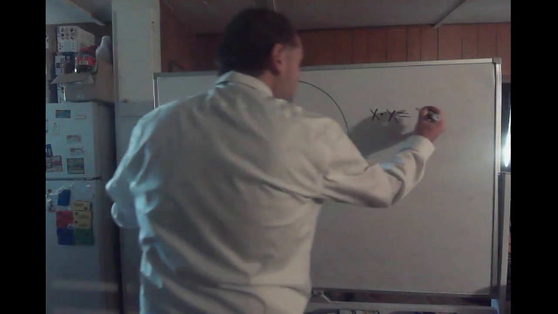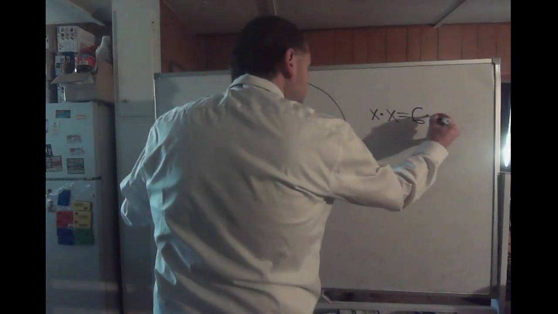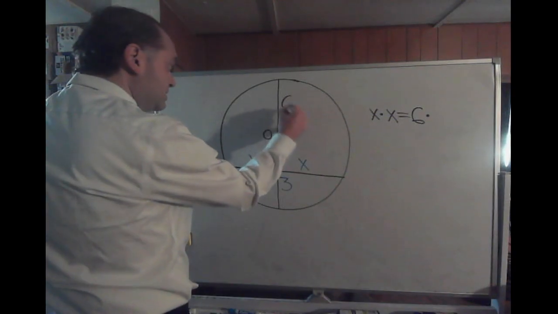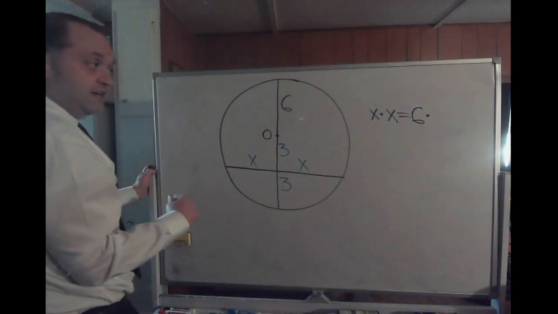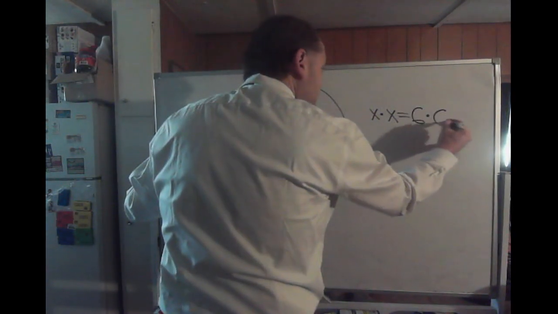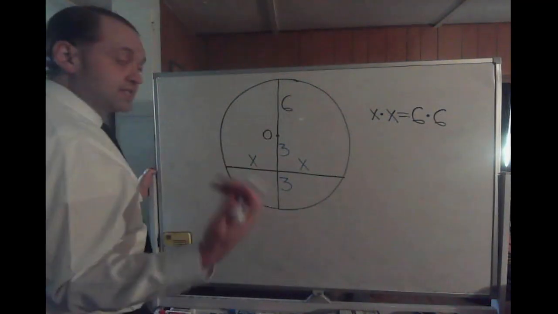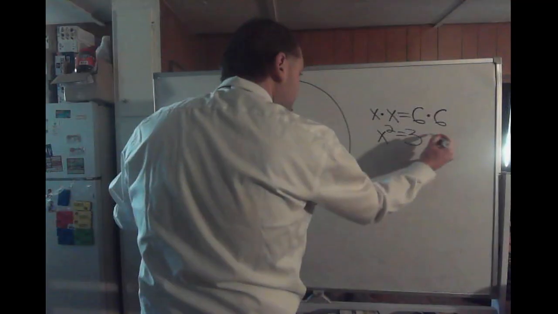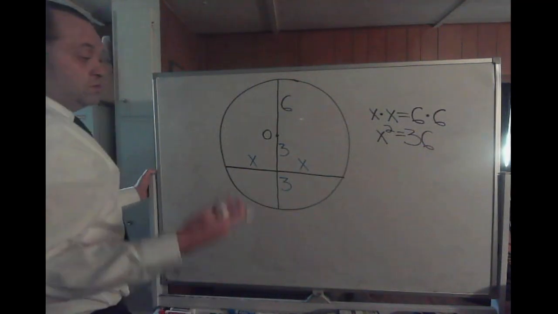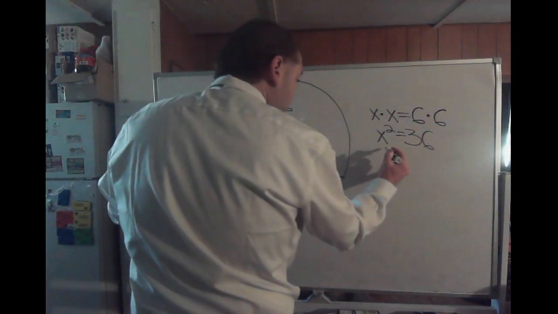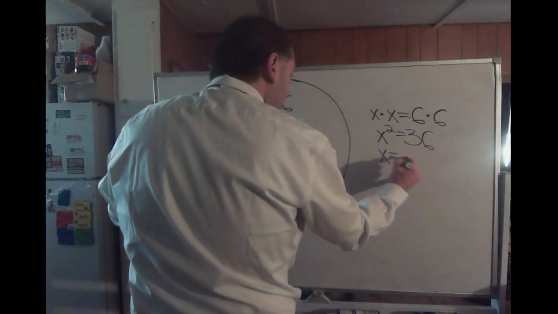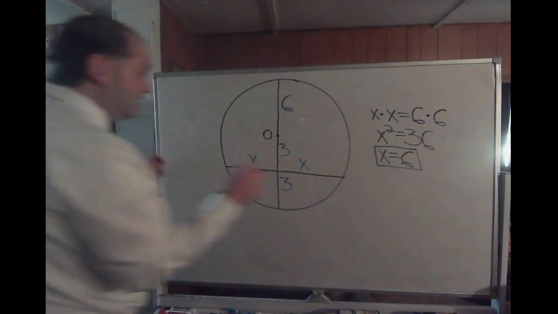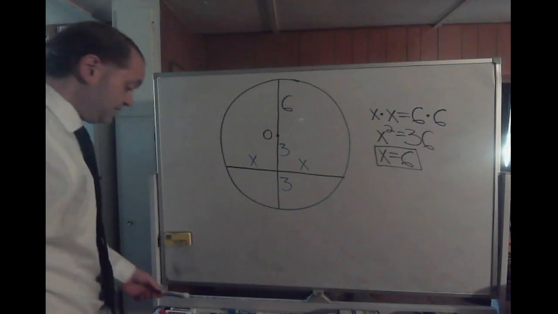That would be the length of one segment of this chord. And then that would have to mean by default, this radius here would have to have a length of 6 also, right? So x times x equals 6 times 6, which would simplify into x squared equals 36, which could then only mean that x would equal 6. So you get that x has a length of 6.